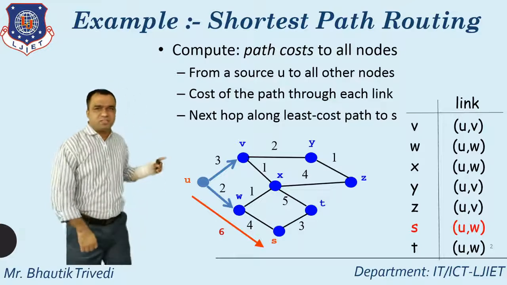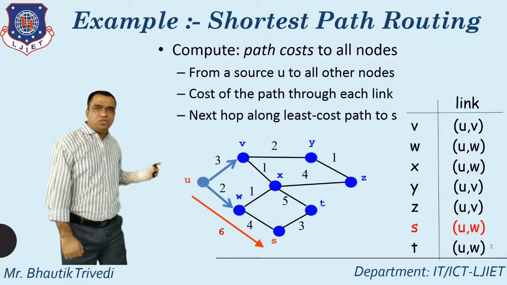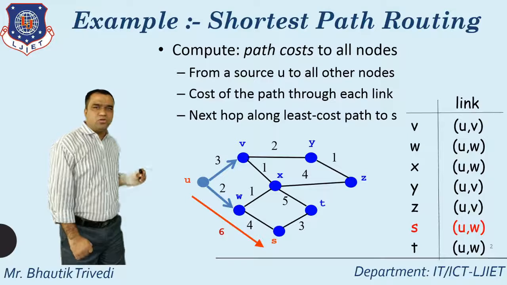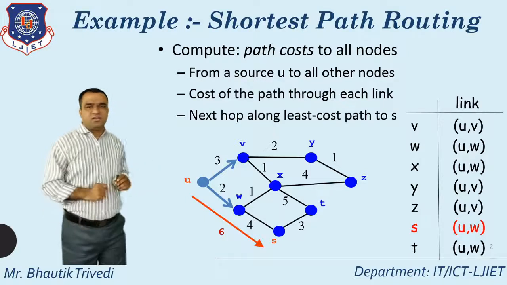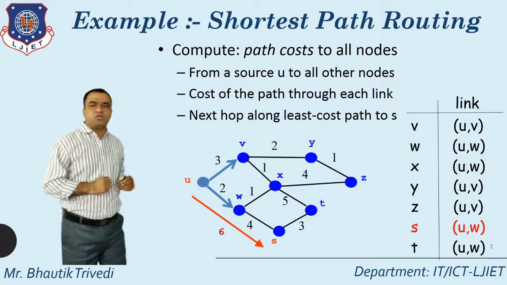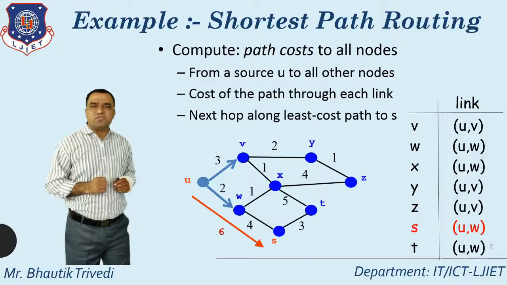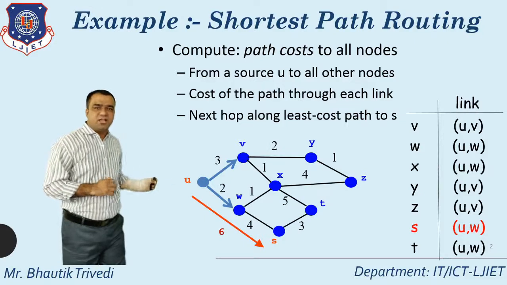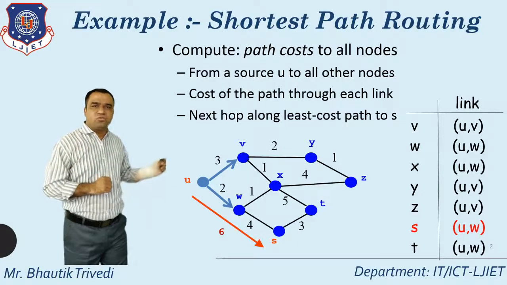So here you just see in this particular figure, U to W and W to S. U to W, total costing 2, and W to S, total costing 4. So 2 plus 4 is 6. Is there another path from U to S?